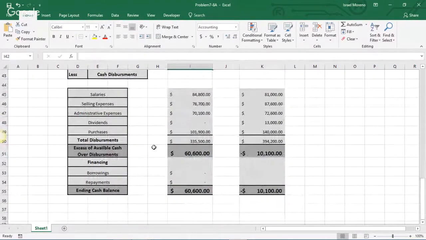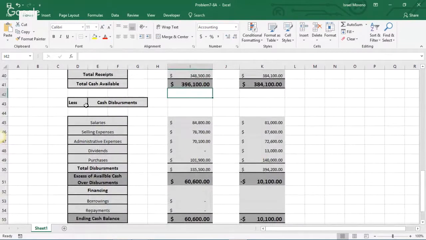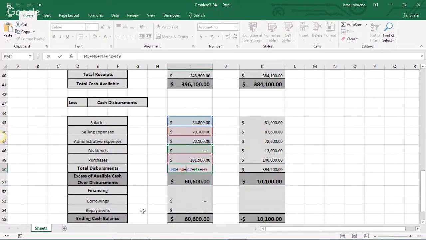Then the next step is to subtract the cash disbursements. In this case, we have five disbursements, and you want to add them. That will give you the total disbursements. Here is the formula.